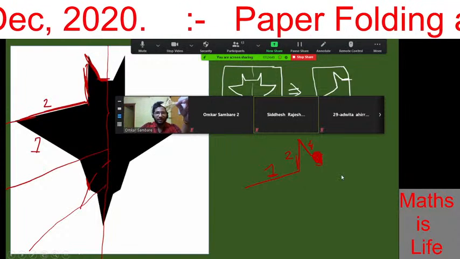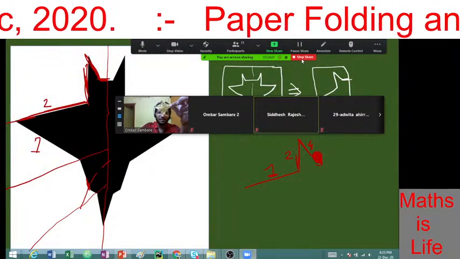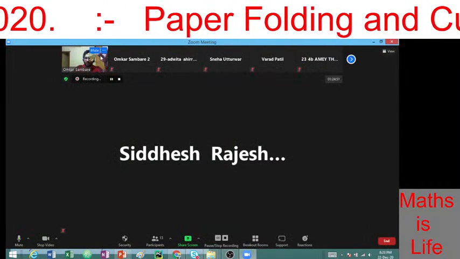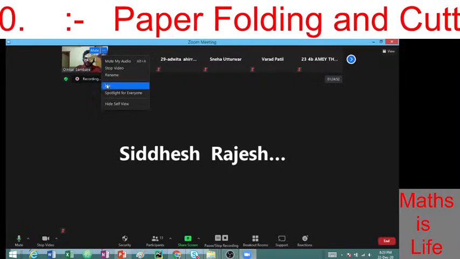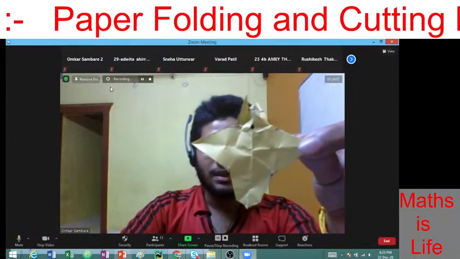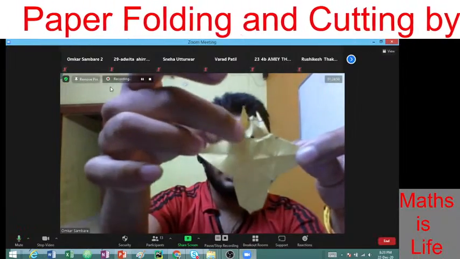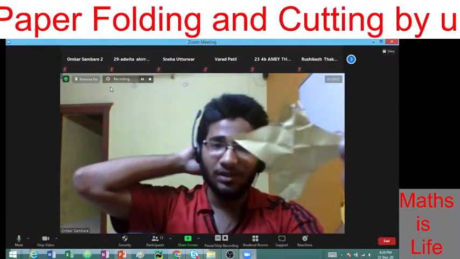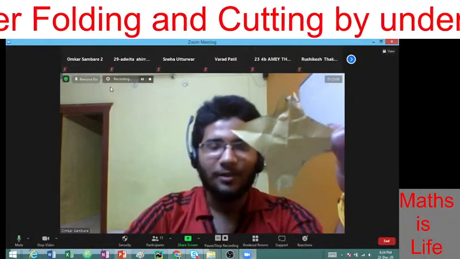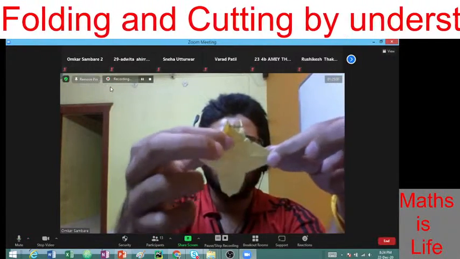I am stopping screen sharing so that everyone can see this Batman shape where it is pinned. Yes, you can see it. Actually my Batman got a hole inside, because while cutting it, I cut the incorrect part also.